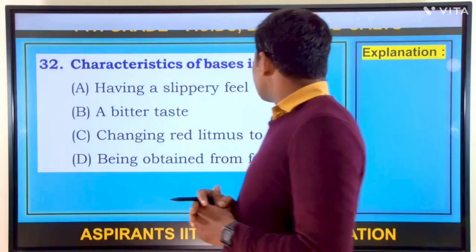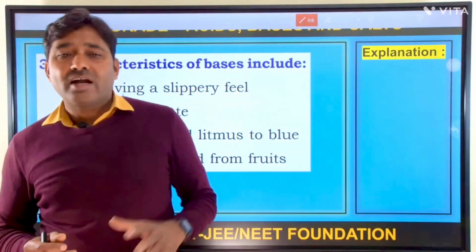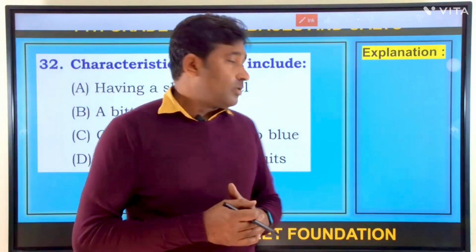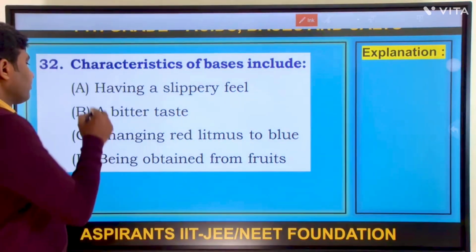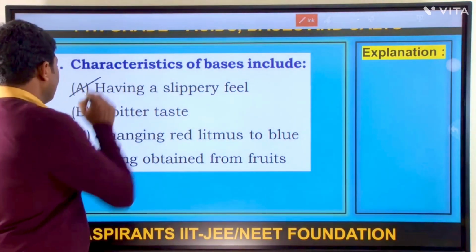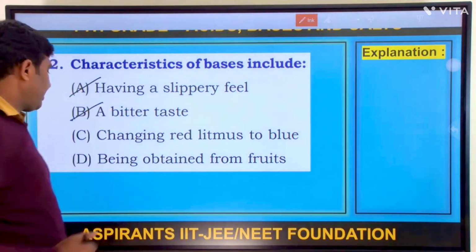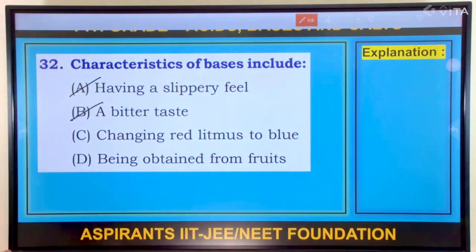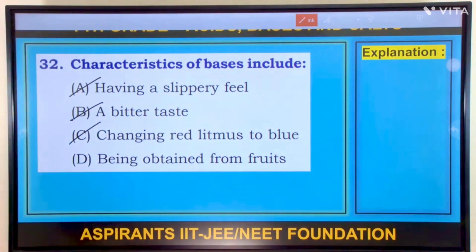Characteristics of bases include. In the given four options, which are the characteristics of bases? Having a slippery feel. Yes, bases are slippery in nature. A bitter taste. Bases are bitter in taste. Changing red litmus to blue. Yes. Being obtained from fruits.